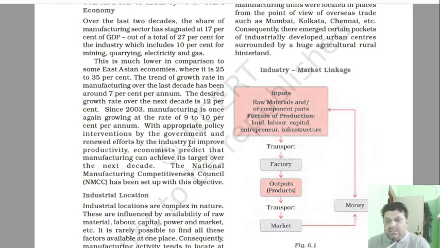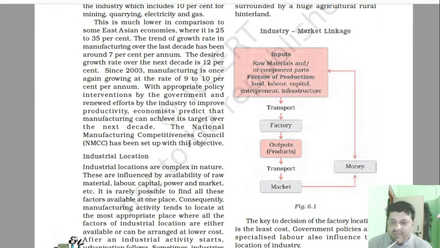In the last decade the growth rate has been around 7%, but the desired growth rate has been fixed at 12%, and since 2003 it has been 9 to 10% per annum. With government intervention and new efforts by industry to improve productivity, economists predict that the target over the next decade may be achieved. For this purpose, the National Manufacturing Competitiveness Council has been set up.